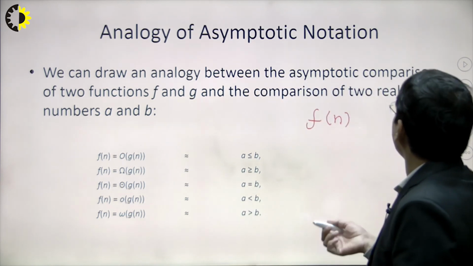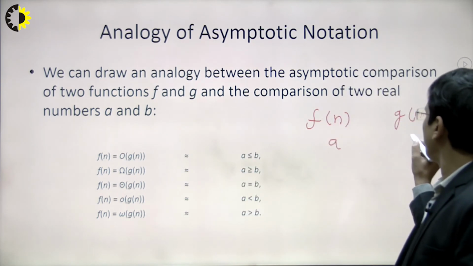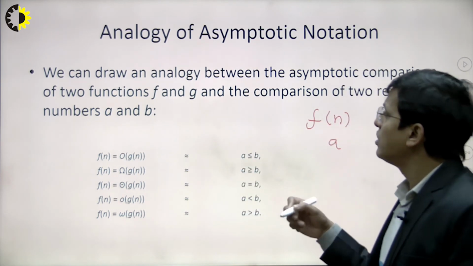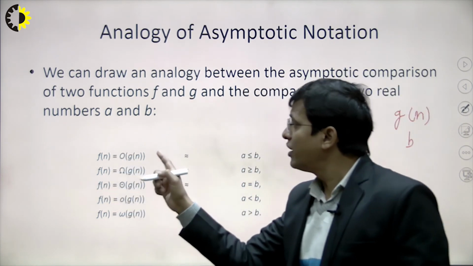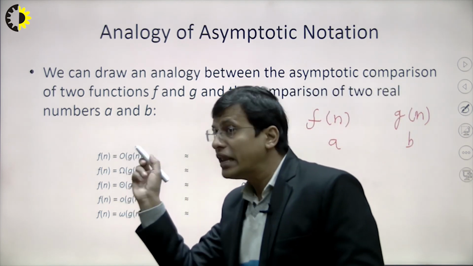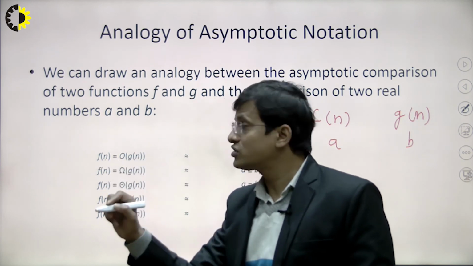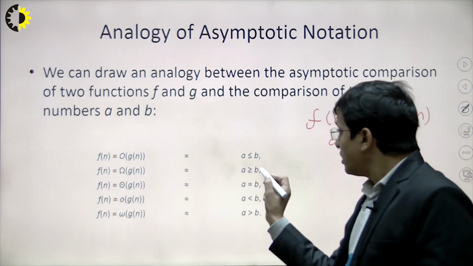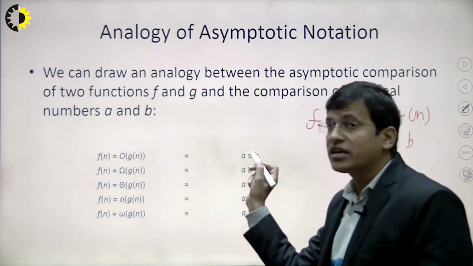So first of all we have to consider that f of n is considered with a value and g of n will be considered some number, let's say a and b. So this condition will follow when a is less than or equal to b, right. So this is for the less than, right. F of n is less than g of n, so this notation will work. Similarly, equality is also there, because this is the big O notation, so that's why equality comes into the picture also.